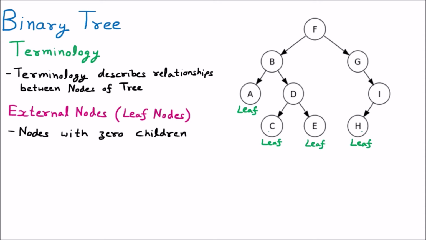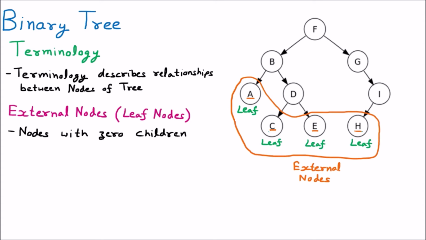Those nodes which have 0 children are called the external nodes or the leaf nodes. We already know that nodes A, C, E and H are the last nodes where there are no further children. That's why these are all called the external nodes. So we can say that all these nodes fall under the category of external nodes or the leaf nodes.